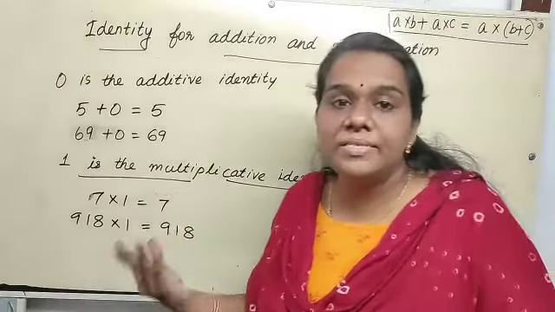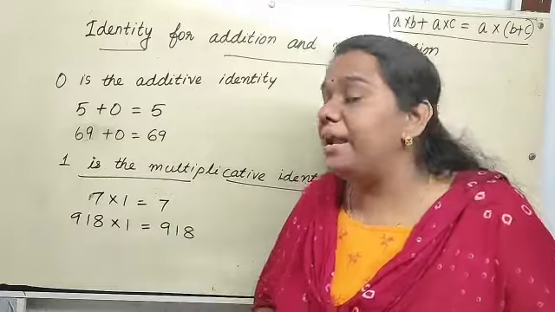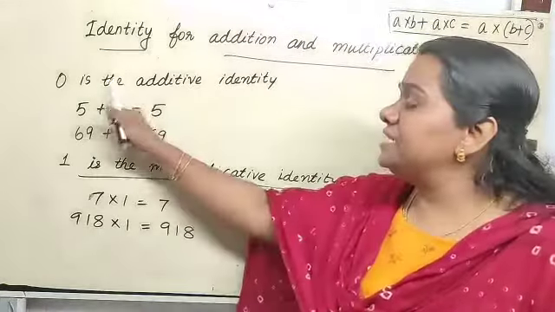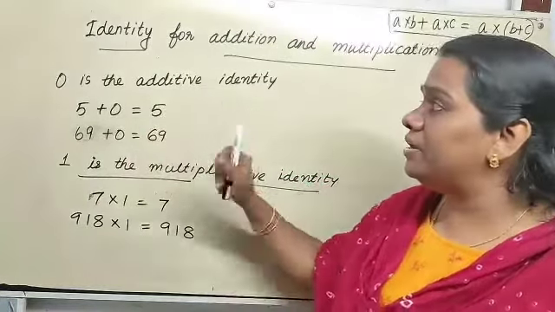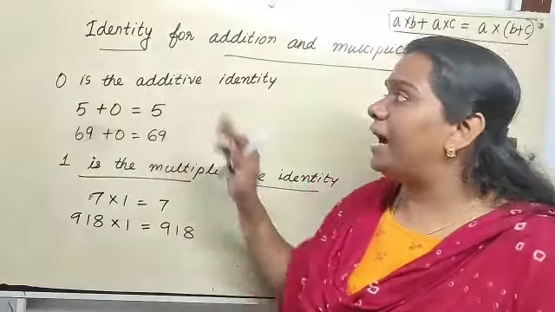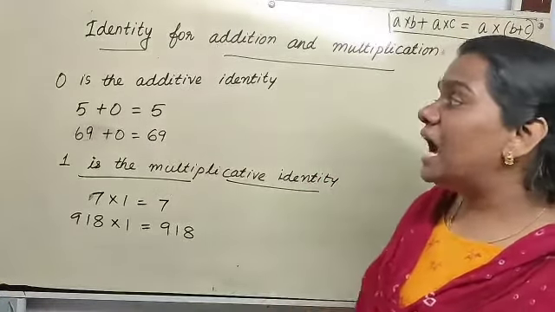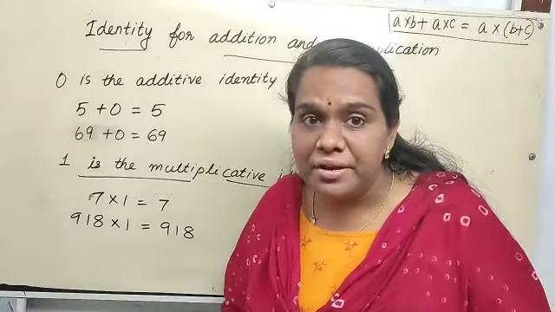If we consider another number 69, when we add the additive identity 0 to that number, we get 69. So 0 is the identity for addition, or we can call it the additive identity.